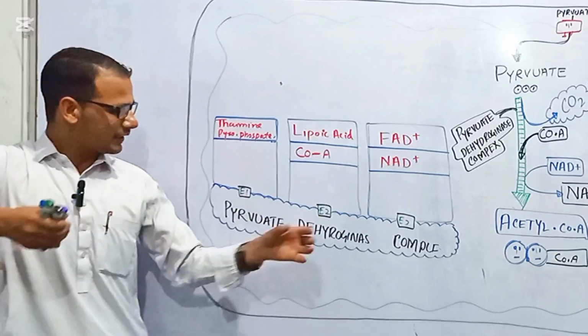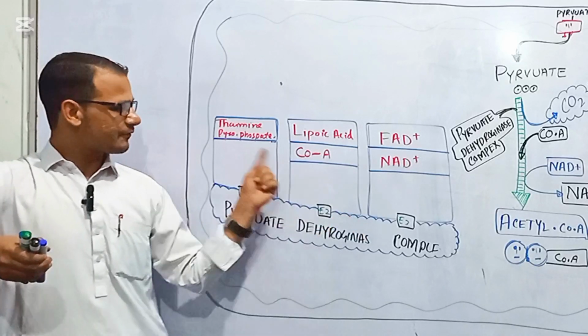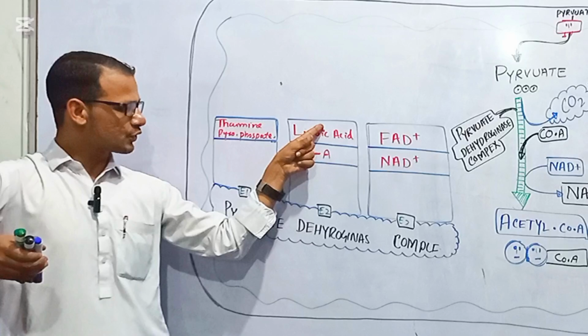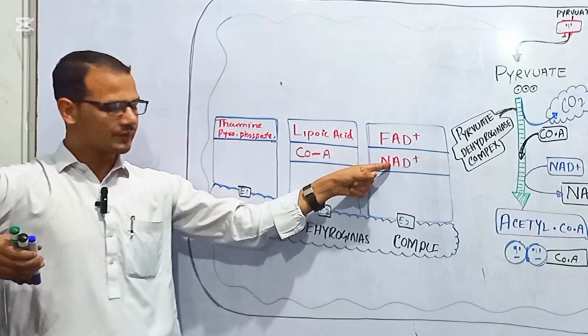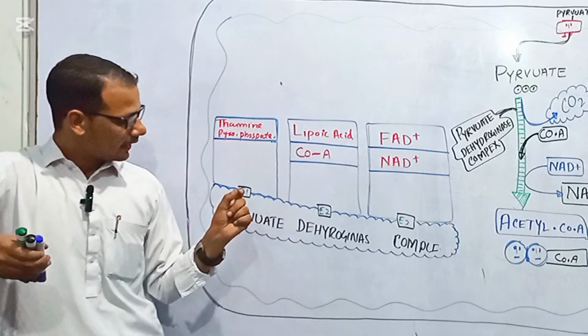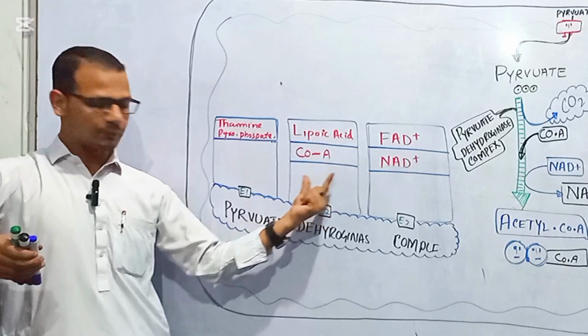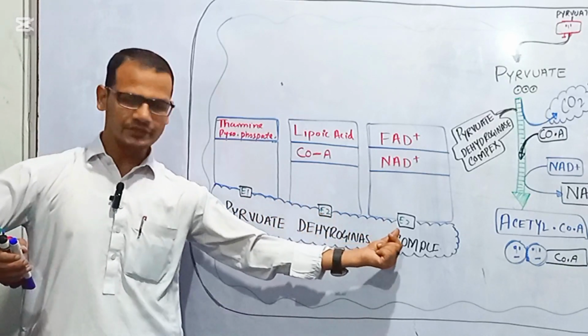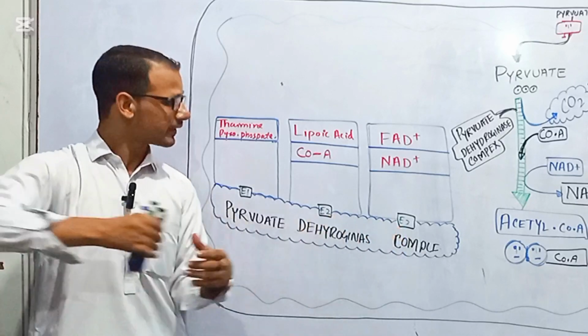So the whole complex is composed of five coenzymes, 1, 2, 3, 4, 5, right? And the whole complex is composed of three components, E1, E2, E3, right?